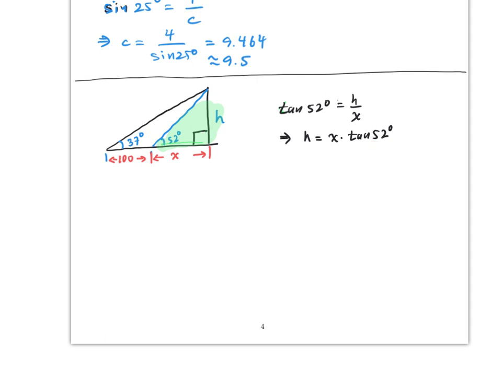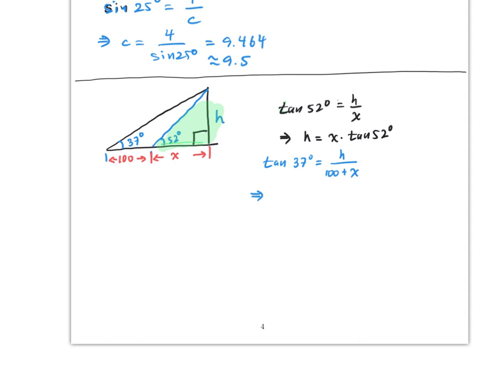Okay? So then the next part is you have a bigger triangle, which will be this. For that one, you now have a different angle. You have tangent of 37 degrees, and it will be h over all of this, which is now 100 plus x.